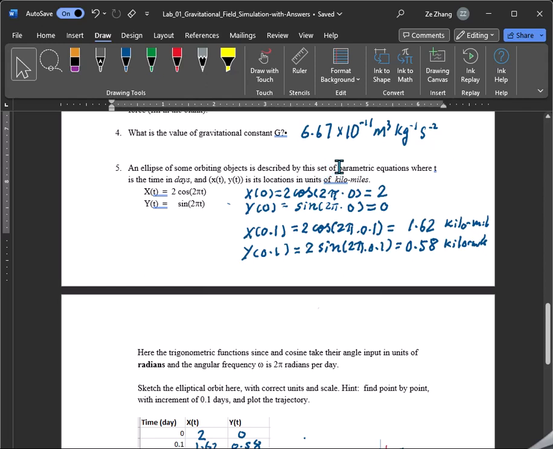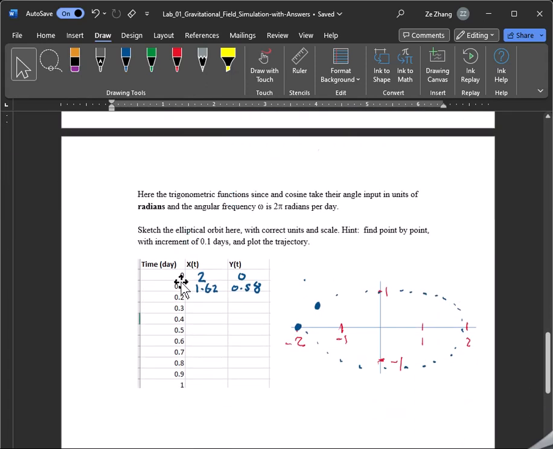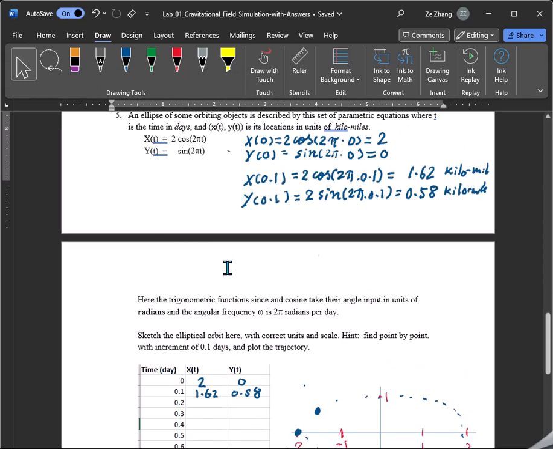Parametric means a control parameter, and here it is t in units of days. In other words, the x-coordinates and y-coordinates change as a function of time. I want you to plot the orbit, the trajectory. First you get a list of times, and then at each time you have x, y coordinates, and then you can plot the coordinates.